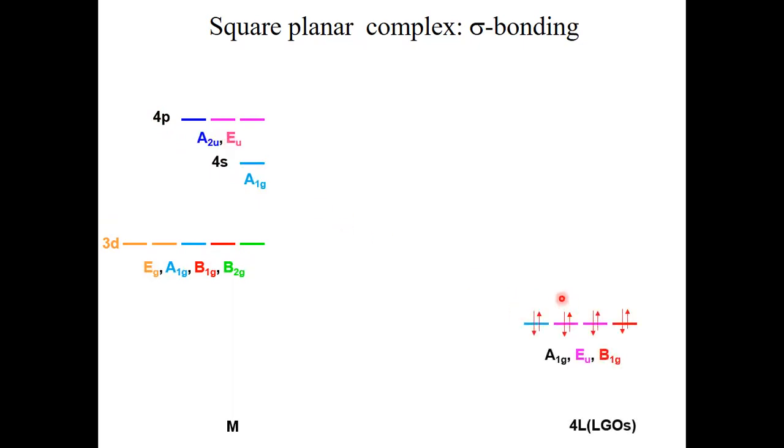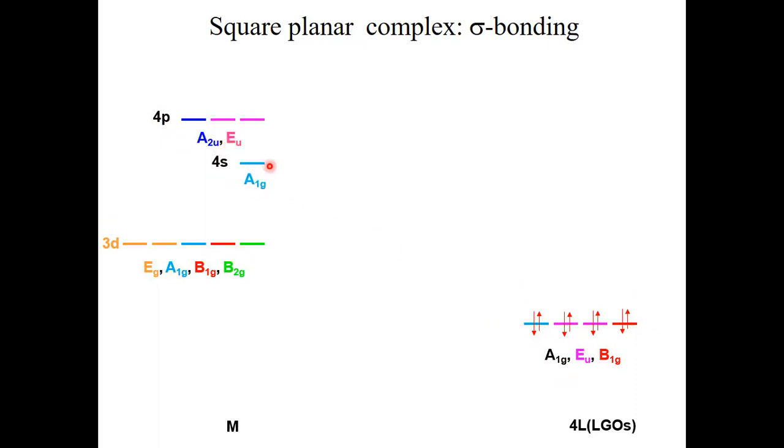In addition, we have the ligand group orbitals, 4 of them, and we write them according to energy and assign the respective symmetry types as well. Now again, we only need to combine orbitals of the same symmetry type. So we can, for instance, start with A1g.